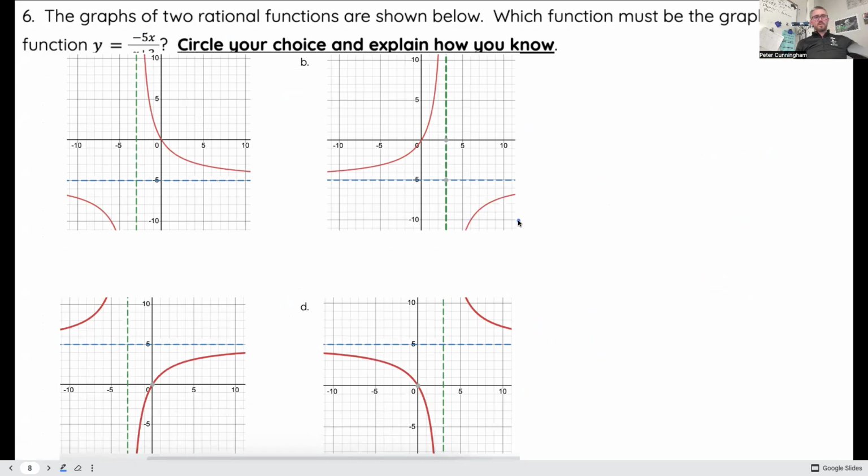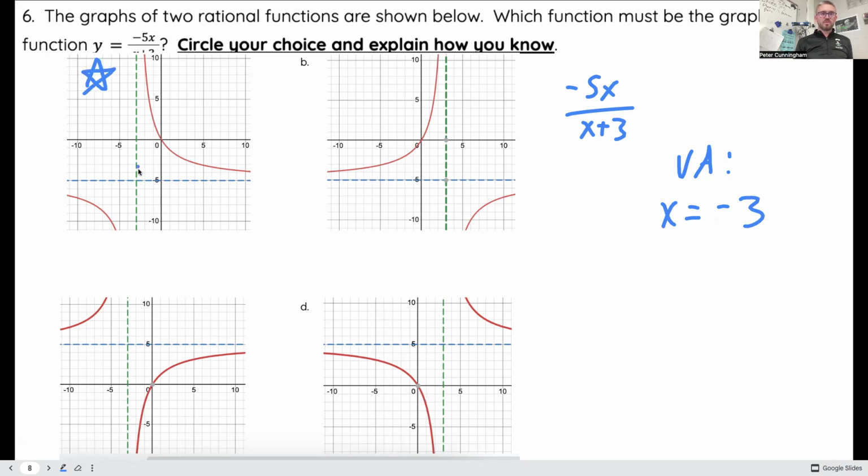So the editing was off on this one. We should have -5x over x plus 3. So I have a vertical asymptote at x equals -3. Looks like you have a vertical asymptote here at -3, right?